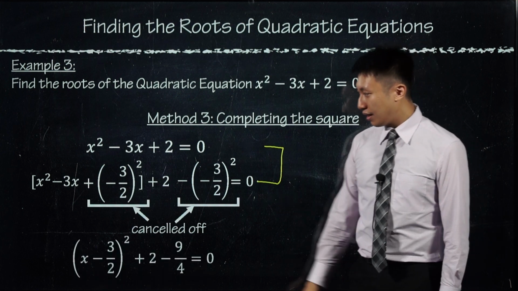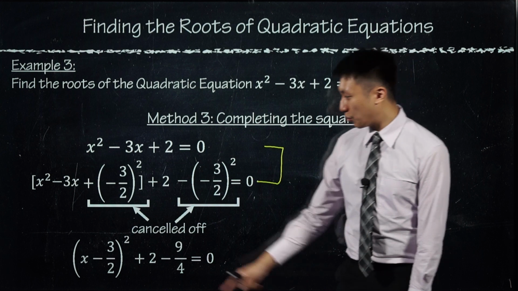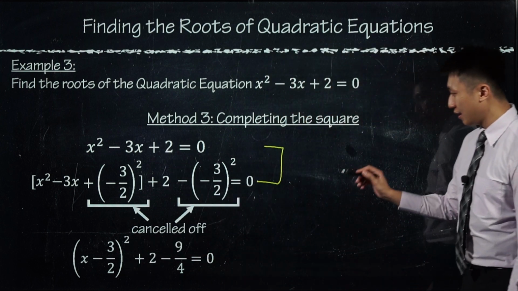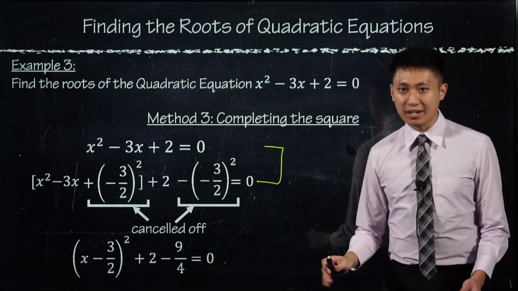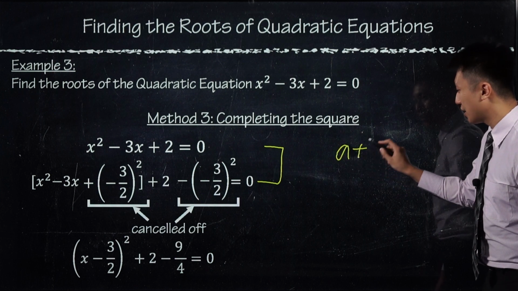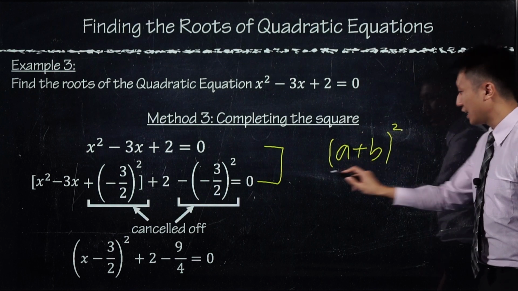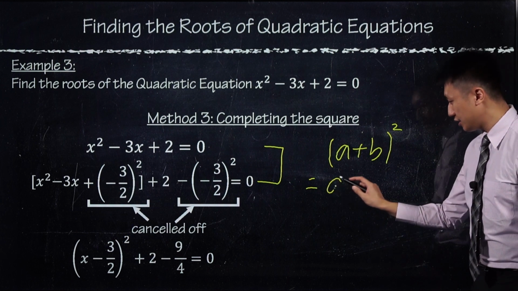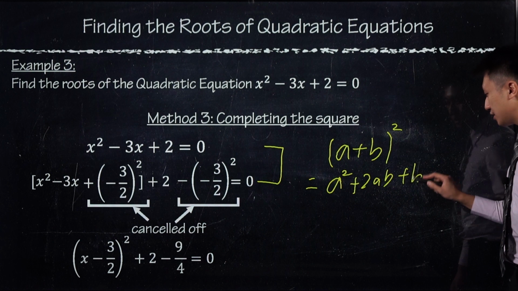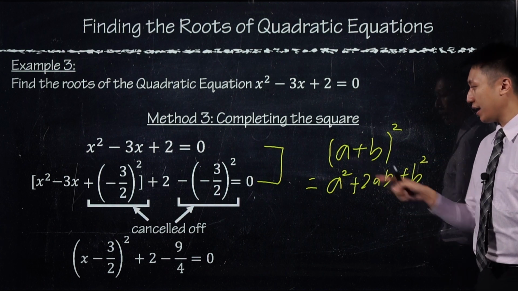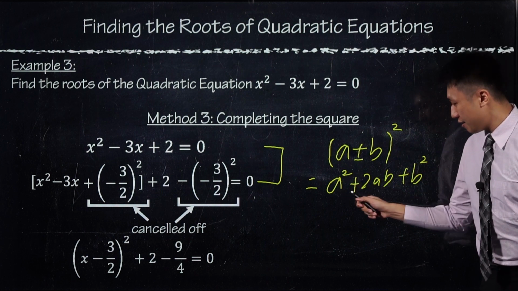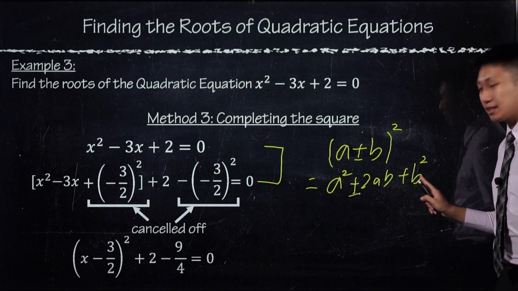Then next one. You got this one here. So what's happening? I'll just tell you here. I'm not sure whether you remember this one or you have ever learned this one. I guess you have done. A plus B, the whole thing squared, is equal to what? A squared plus 2AB, then plus B squared. Then A minus B, squared, is equal to A squared minus 2AB plus B squared.